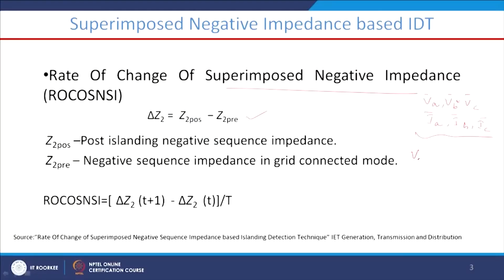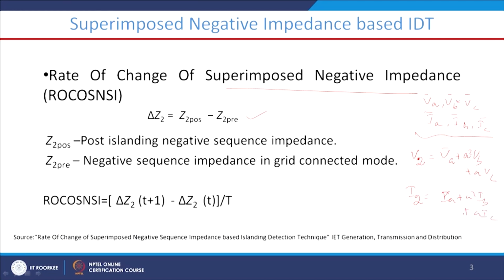After getting this, we calculate the negative sequence component of the voltage V2, that is VA plus A square VB plus A VC, and next we calculate I2, the negative sequence component of the current, that is IA plus A square IB plus A IC.